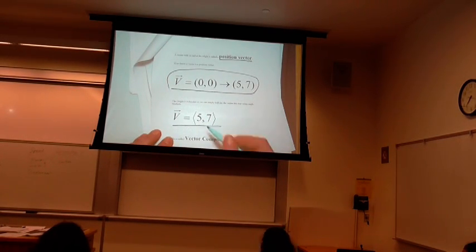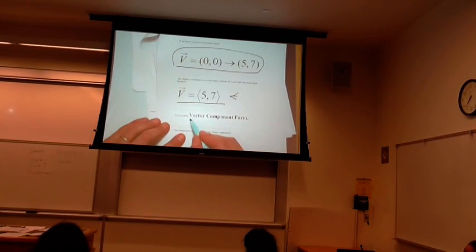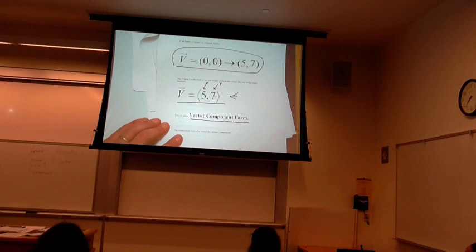And 5, 7 represents the head, but the tail is implied. The tail is 0, 0. And this format in particular, we call the component form. Component referring to, this is the x component, this is the y component. So that's nice. We can express a two-dimensional vector as just two numbers. It's the x coordinate and y coordinate of the position vector.